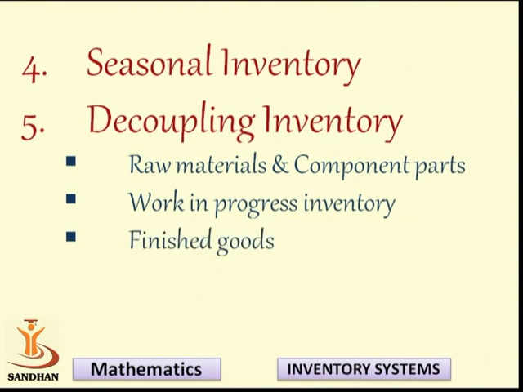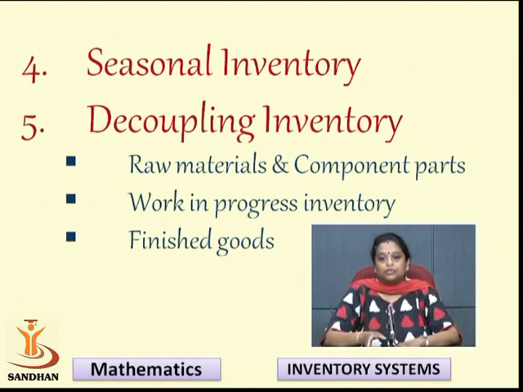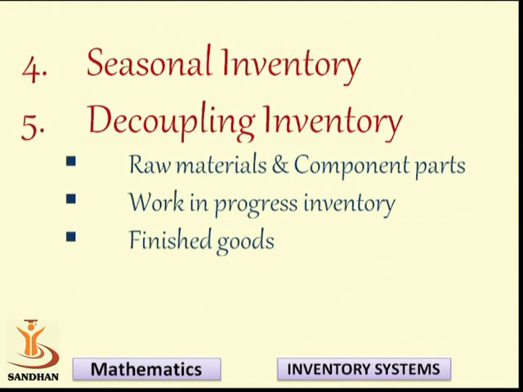You need to meet the demand of the customer, and that is why there has to be a set amount of inventory stored in order to meet the demand of the customer. So the required amount of inventory of finished goods that needs to be maintained is again decoupling inventory. All these 3 inventories that we're talking about, raw materials, work in progress inventory and finished goods, are all part of the product that is being produced by the manufacturing unit.